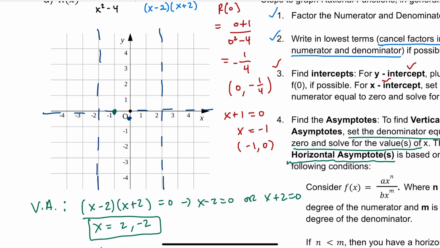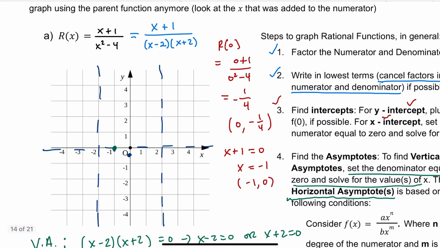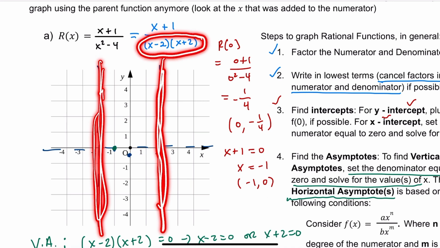Ultimately, the ones you really need to worry about are just the vertical asymptotes. Why? Because you shouldn't have any values on the vertical asymptotes because, in a nutshell, if you did, you're going to make the denominator 0. So that's why you can never truly cross the vertical asymptote.